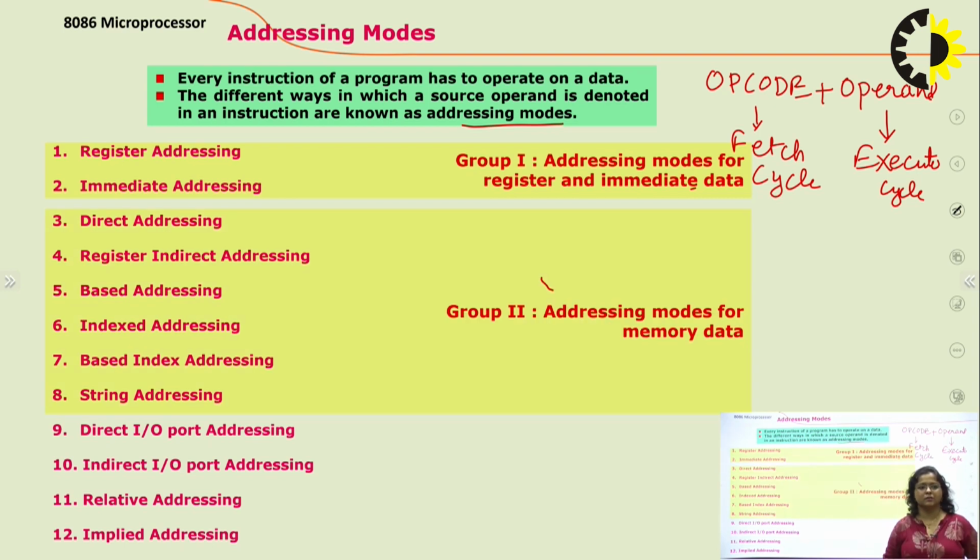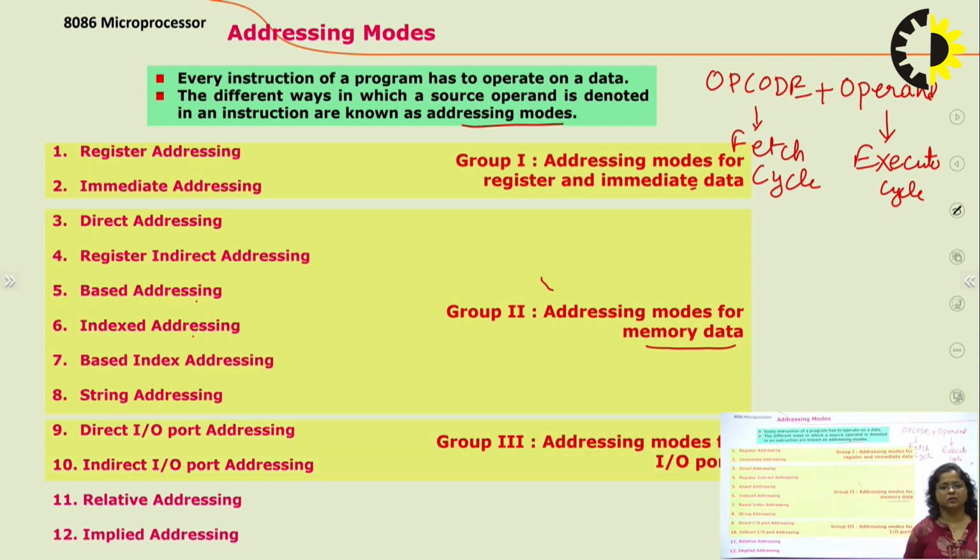The next instructions constitute addressing modes for memory data, wherein there is a calculation from effective address to physical address, and there are different ways in which the effective address is calculated in 8086. These memory modes are classified as direct, register indirect, base index, base index addressing and string instructions.